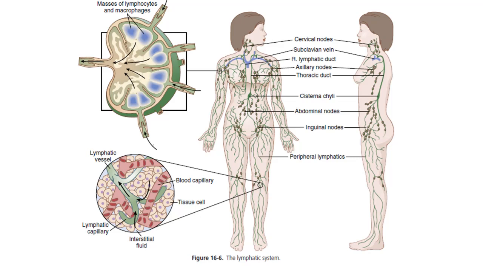As you can see in this figure, the lymphatic system has some channels and nodes. You can see the lymphatic node distribution in our body, and also the lymphatic channels. Lymphatic channels have some characteristics. One of them is that they are dead end.